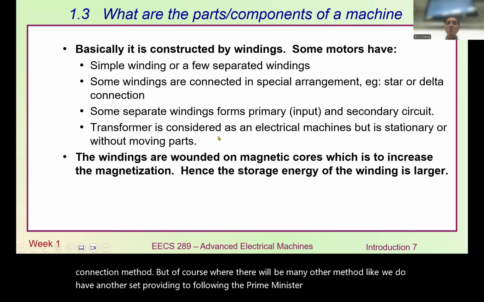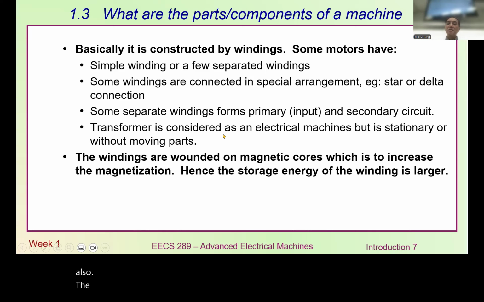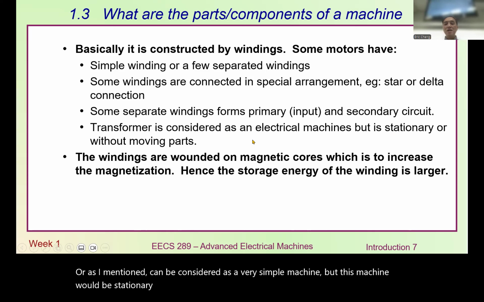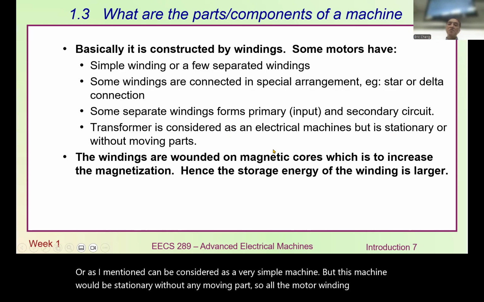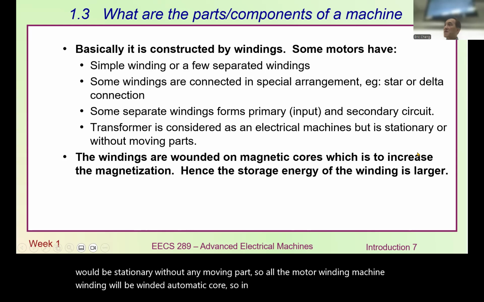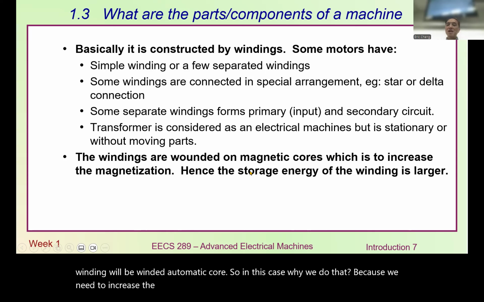The transformer, as I mentioned, can be considered a very simple machine, but this machine is stationary without any moving part. All the motor and machine windings will be wound on a magnetic core. Why do we do that? Because we need to increase the magnetization to produce some kind of energy storage.